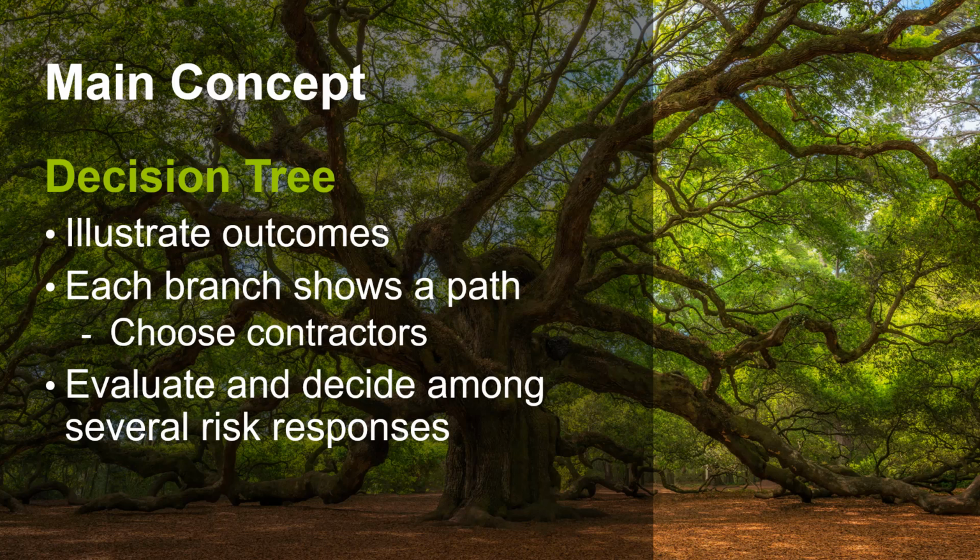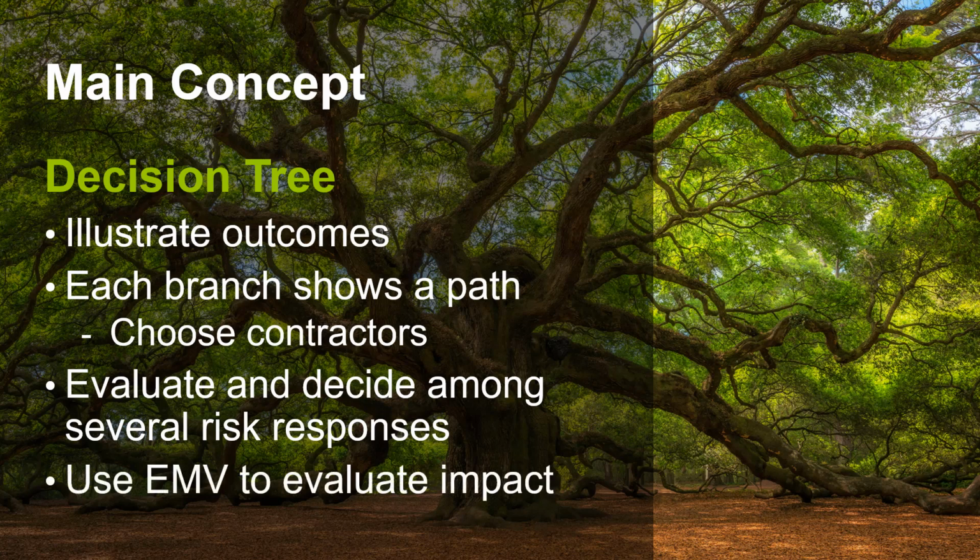When using a decision tree, you can evaluate the cost and benefits of several risk responses at once. The endpoints of the branches lead you to the outcome of each path and give you the ability to choose the best option. A decision tree uses expected monetary value, or EMV, to evaluate the impact of each decision or branch. We'll talk more about EMV when we run through our example.